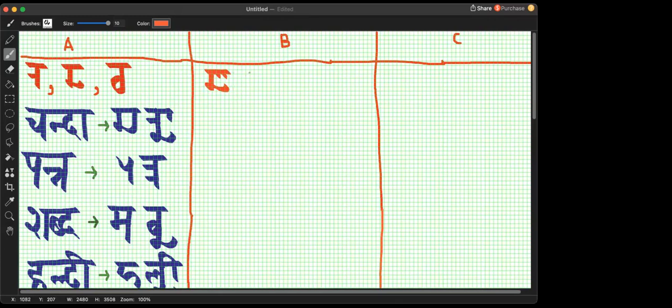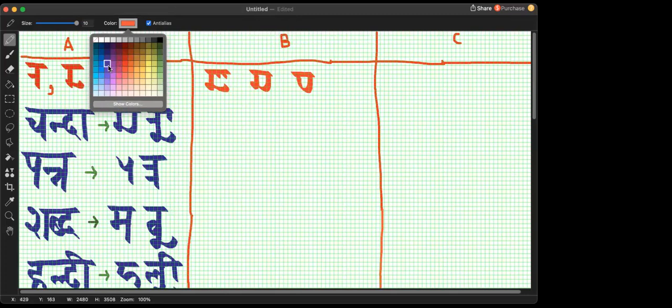Then you have ch, then you have dh. So these are all touching the Shiroreka multiple times here.